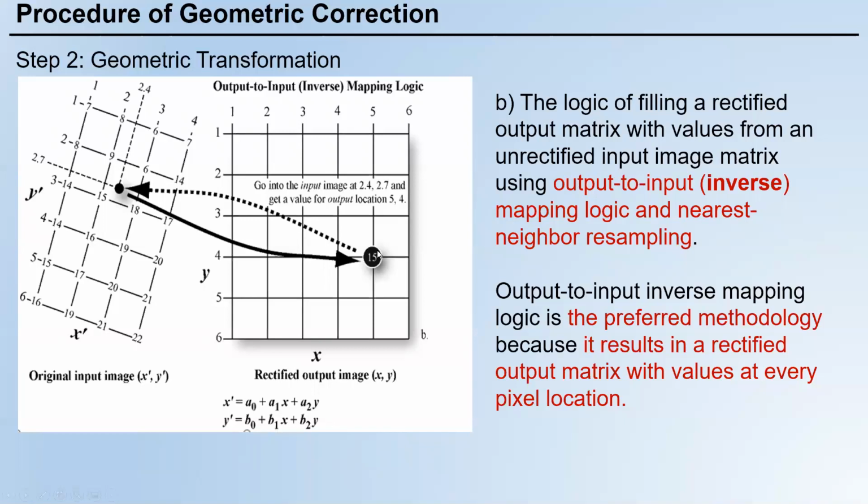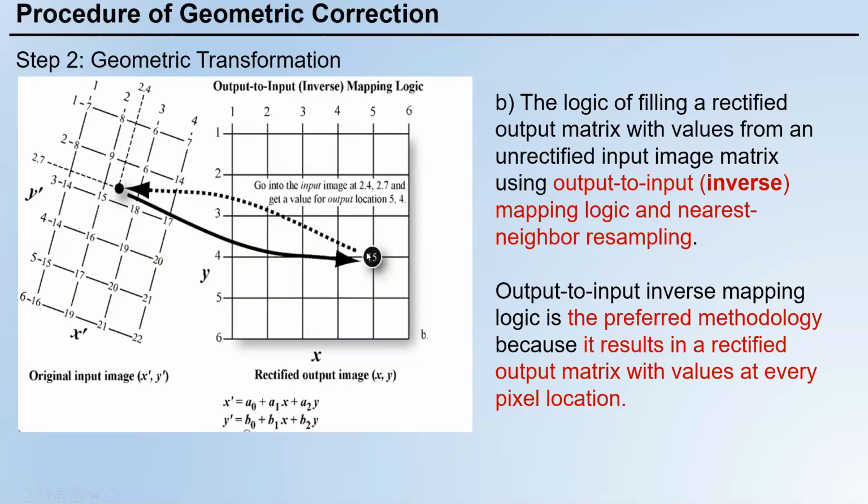It means that we need to look at the output image first and find a specific pixel. For example, in the output image, this pixel is at location what? 5, 4, right? 5 is the column number, 4 is the row number. So this time, we just select this pixel first, and we need to go back to the input image to find the value for this pixel.